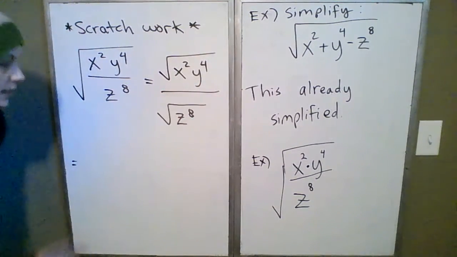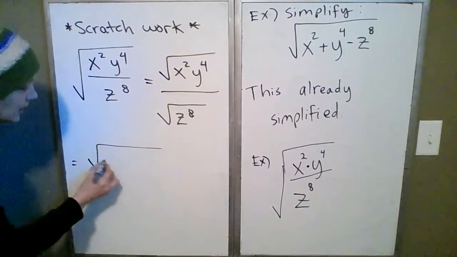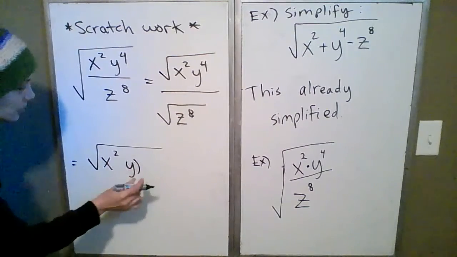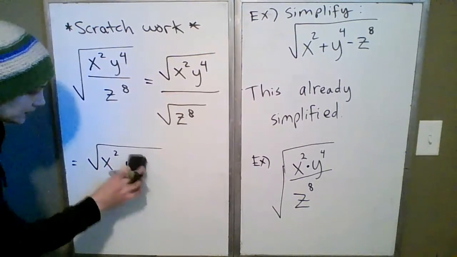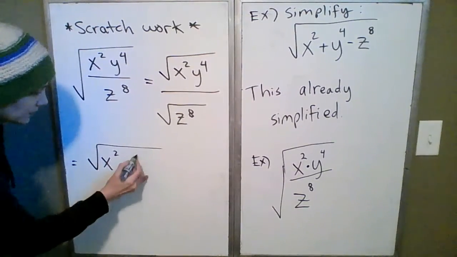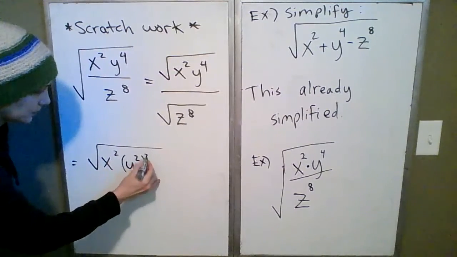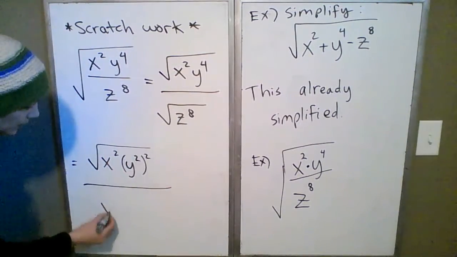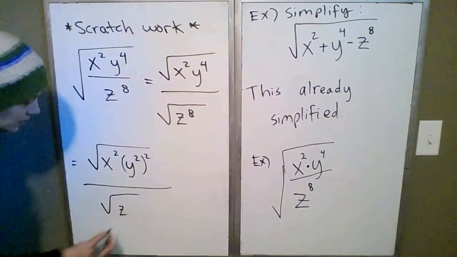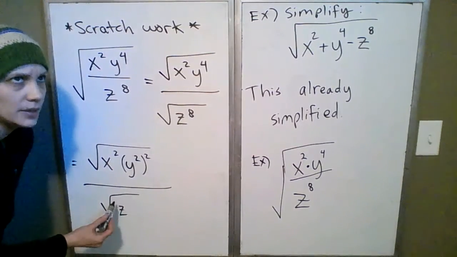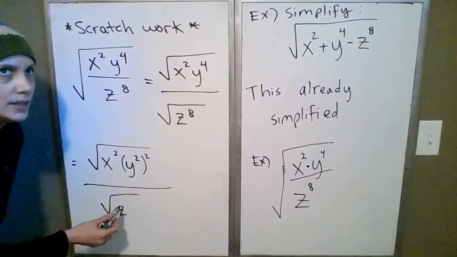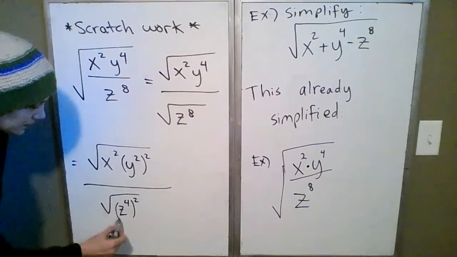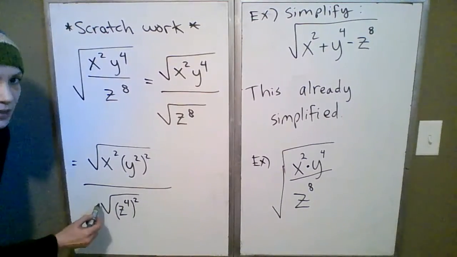So underneath this root in the numerator is x squared and y squared squared, and then a square root of z with the power of 4 and then raised to the power of 2. So that power right there matches the root of 2.